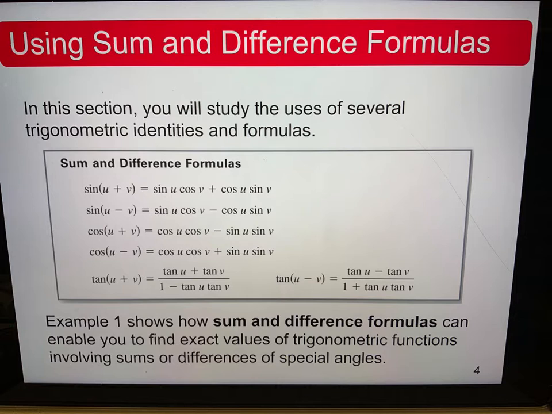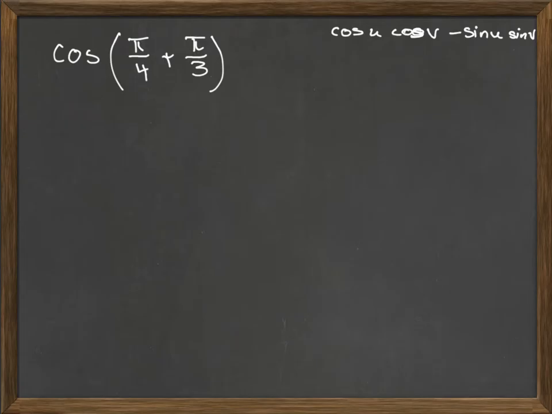With the difference of two angles in the sine, they have the same sign in the middle, while for the cosine sum and difference, cosine u cosine v, they have opposite signs. So plus changes into minus, and minus changes into plus. And then you have the tangents here, with u and v of course being your angles. So we're using them to find exact values for functions that are not multiples of 30, 60, 45 degrees.